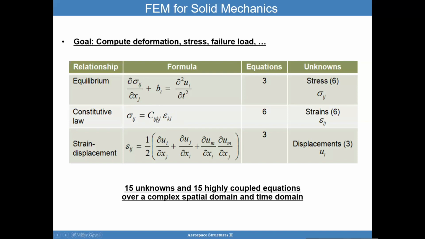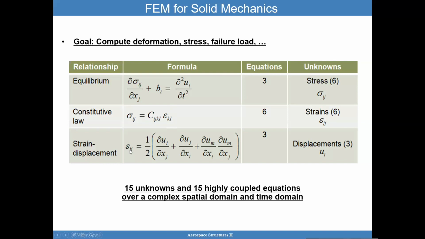So C is fully known, and in simple situations, it's just the modulus of elasticity. So there you have 6 equations because I have 6 components of stress. So I should have 6 equations here, and the 6 strains are unknown. I also have the strain-deflection relationships.